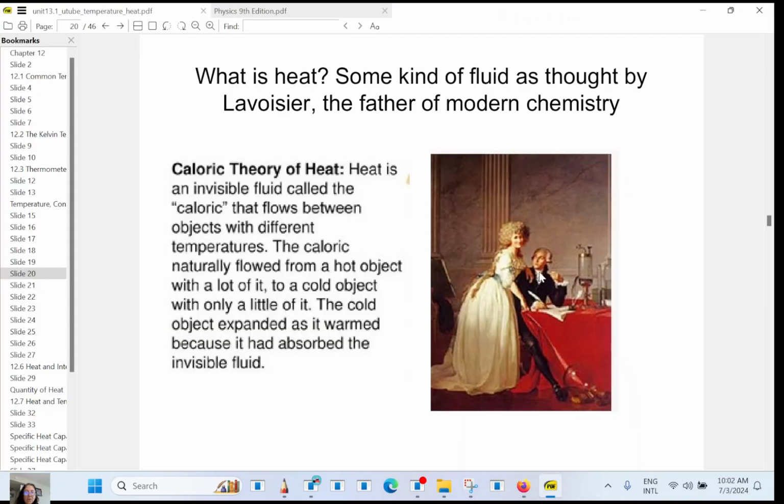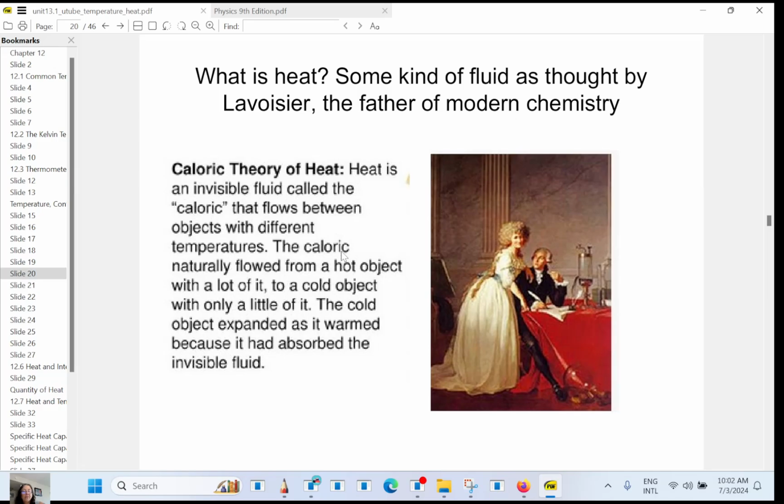So anyway, Lavoisier was really the father of modern physics, modern chemistry, but he didn't have the right idea about heat. Almost there, but not quite. He thought that heat was some kind of weightless fluid named caloric, and that fluid would flow from hot object to cool object, but that fluid would be in limited amount in the hot object.